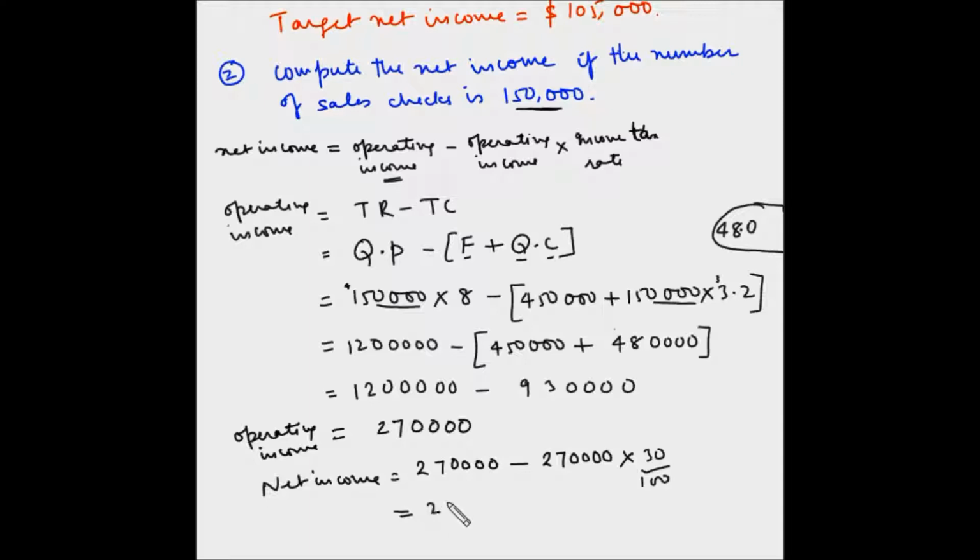So this is equal to 270000 minus, so these two zeros get cancelled, 1 0 here, 1 0 here, so 3 zeros, 7 3s are 21, 3 2s are 6, plus 2 is 8. So this is equal to $189,000 is the net income.